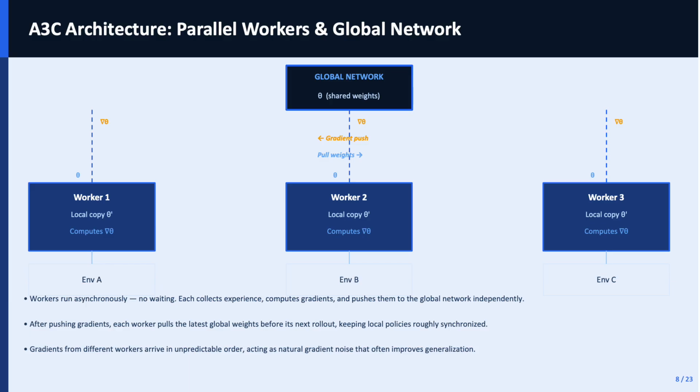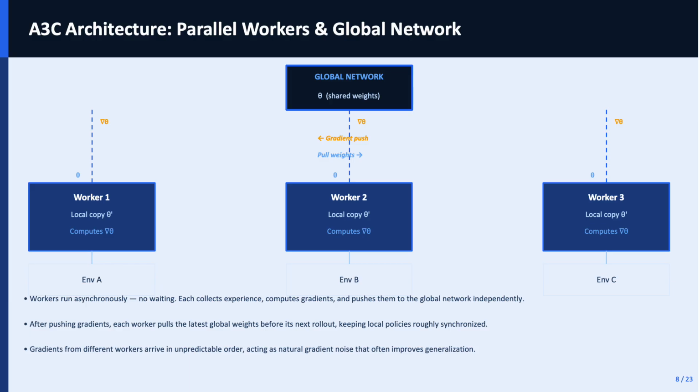After collecting experience, a worker computes the gradient of the combined actor critic loss with respect to the local parameter copy and pushes that gradient up to the global network, which immediately applies it. The worker then pulls the updated parameters back down before starting its next rollout, ensuring it is always working from a recent, though not necessarily the absolute latest, version of the policy.